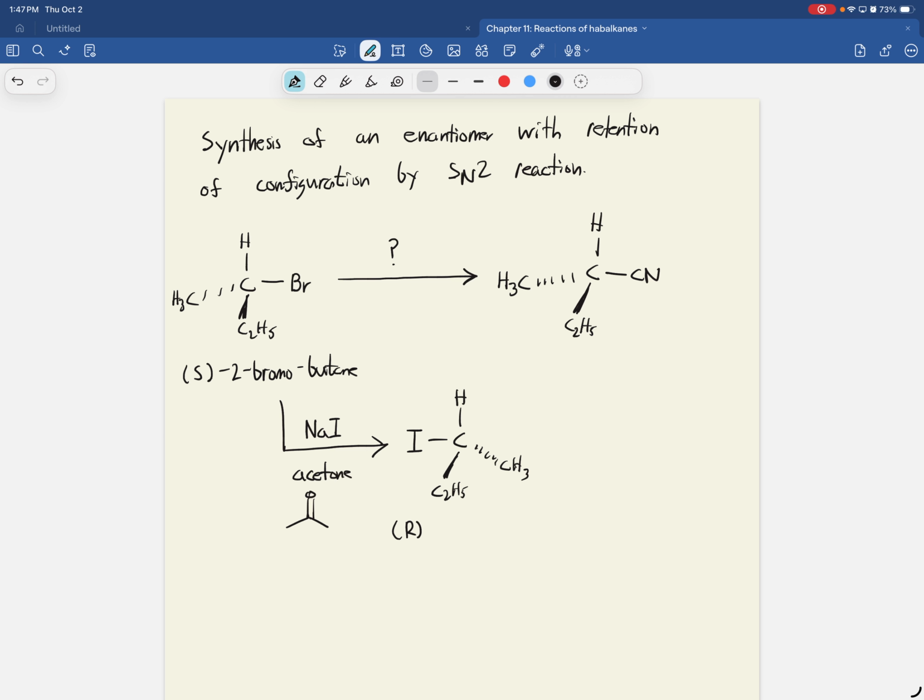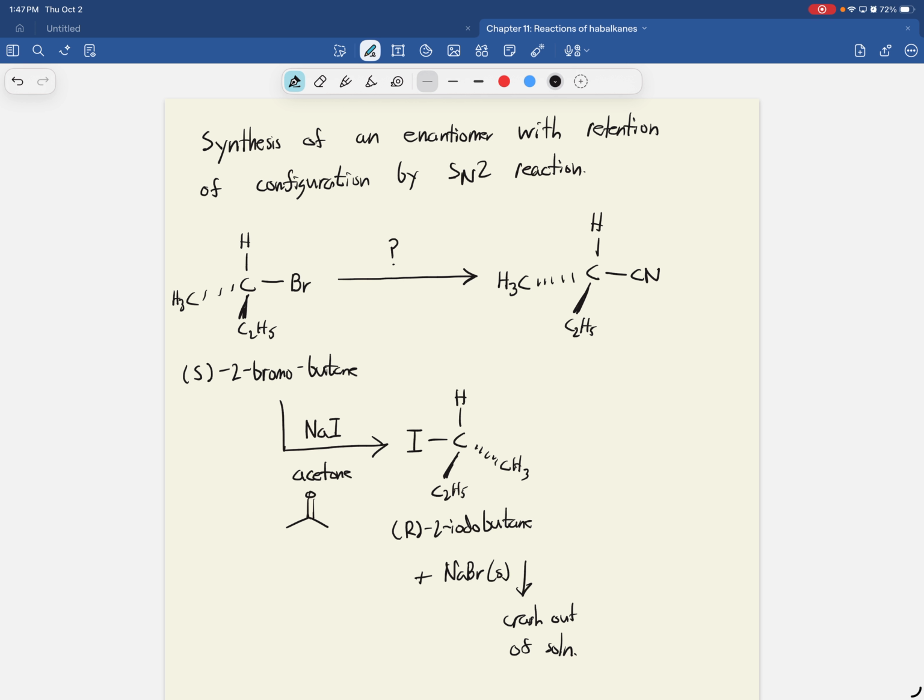So this will displace the bromine, giving 2-iodobutane, and you'll get sodium bromide as a solid, which will crash out of solution. So that's your driving force. If something crashes out of solution, it will push a reaction forward all the way. This is something you don't have to pay much attention to, it's just an experimental thing.